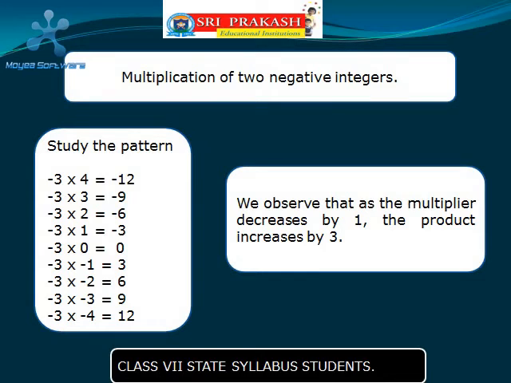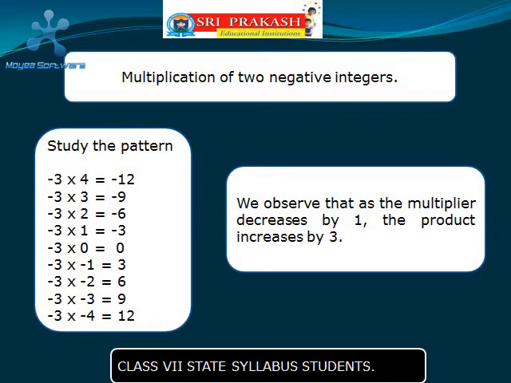Now let us study multiplication of two negative integers. Study the pattern. Minus 3 into 4 is minus 12. This we know because we already studied this earlier. Minus 3 into 3 is minus 9.